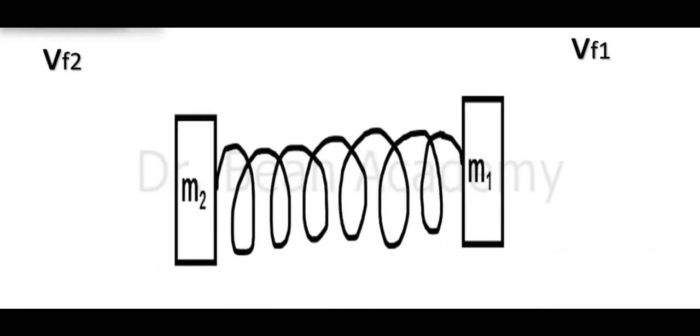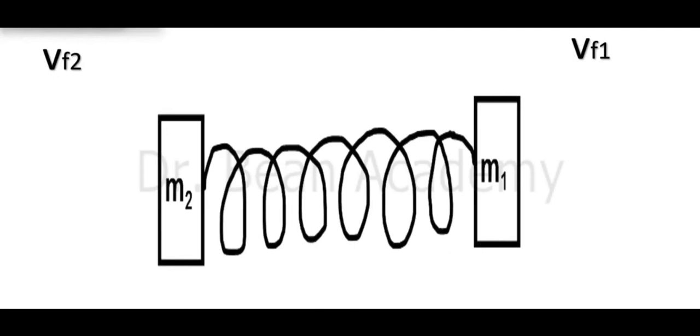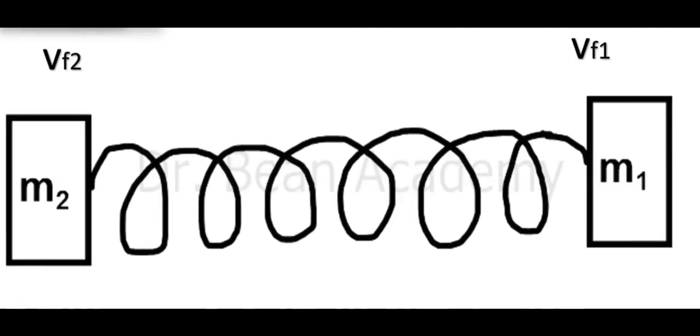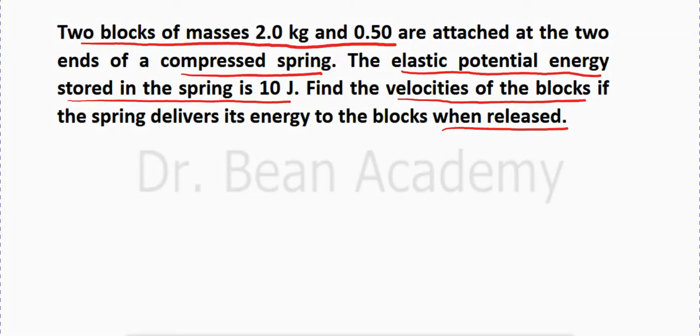And the final velocities: vf1 is the final velocity of mass m1, vf2 is the final velocity of mass m2, and then we will calculate the ratio of these two velocities. Okay, so now you know what was happening as a result of removal of the forces from the sides.